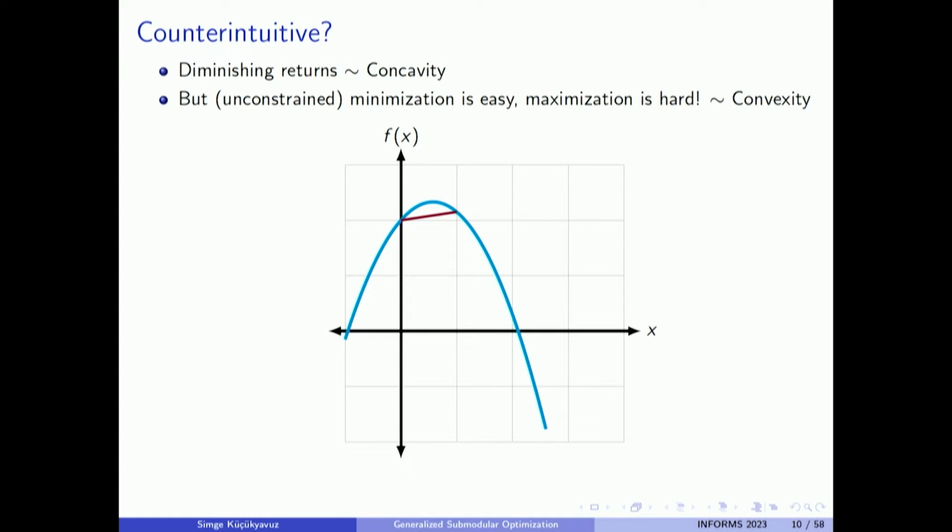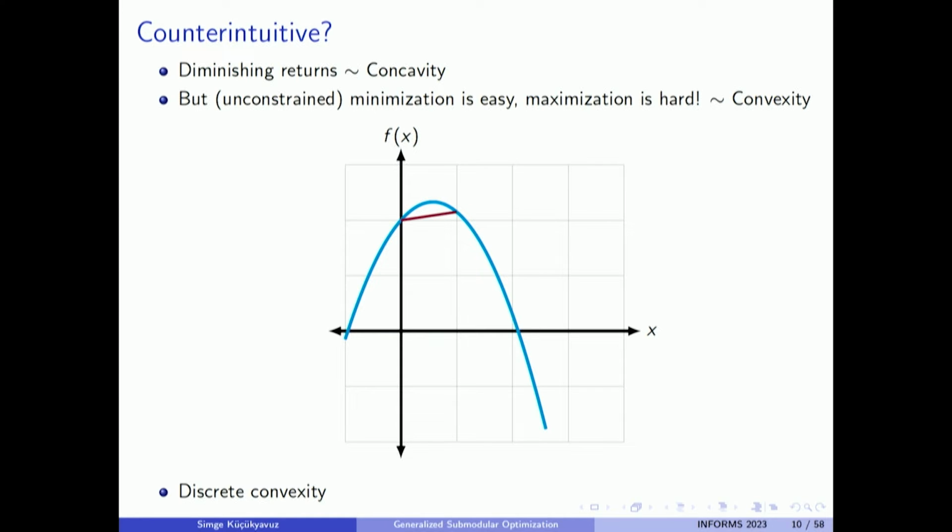So I drew a concave function in one dimension. And remember that x is now binary, whether to select or not. So x is 0 or 1. So I really only care about the function evaluation at x equals 0 or 1, and in the minimization case, I'm looking at being above it. So this is, in some sense, well-behaved, and we can think of this as some sort of discrete convexity.